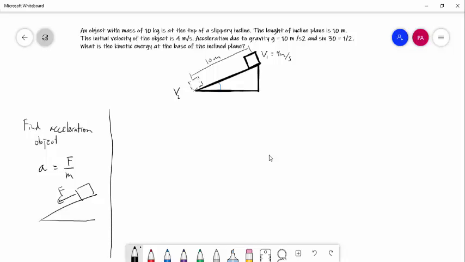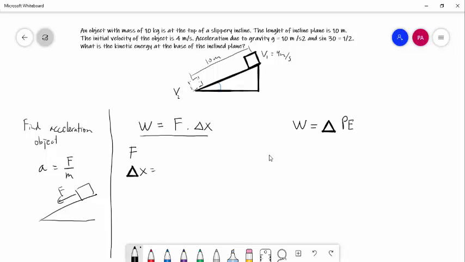Next, we can use the formula of work. Work equals force times displacement, or we can use the formula work equals delta potential energy. If we want to use the first way, we need to find F first, and the displacement is already known.